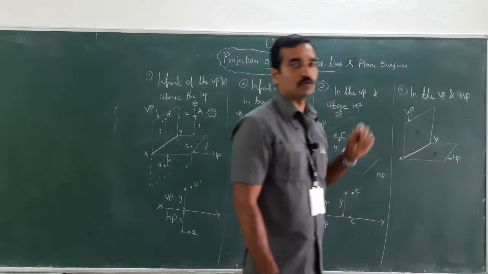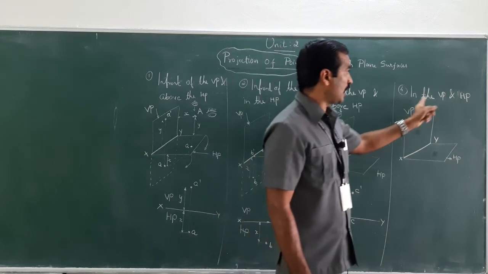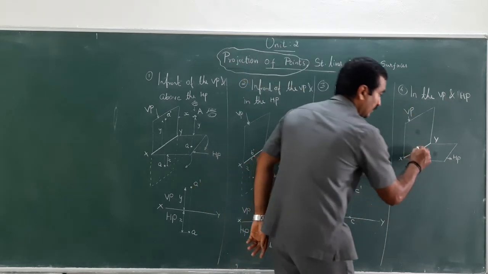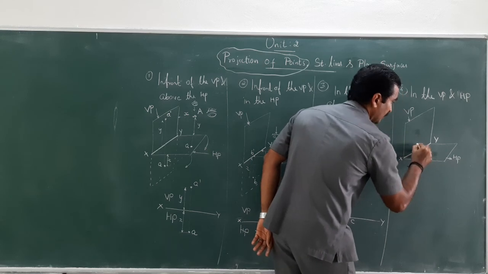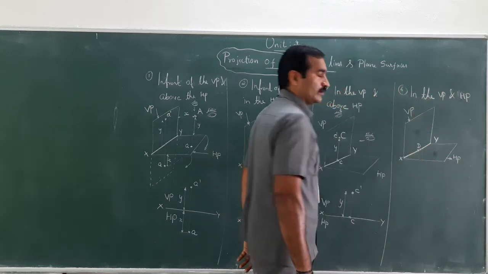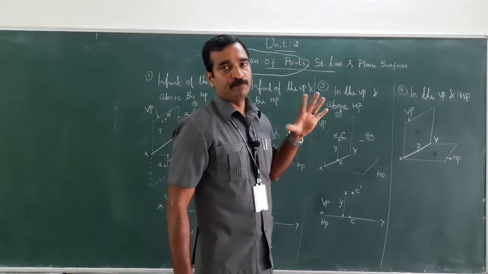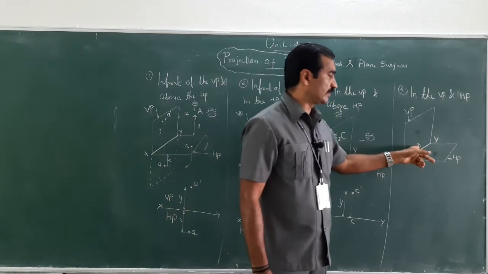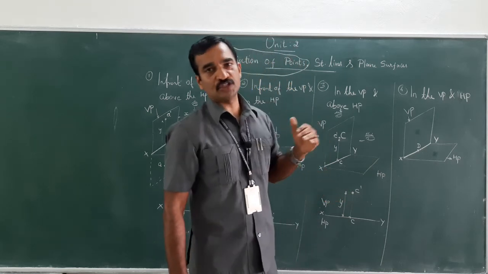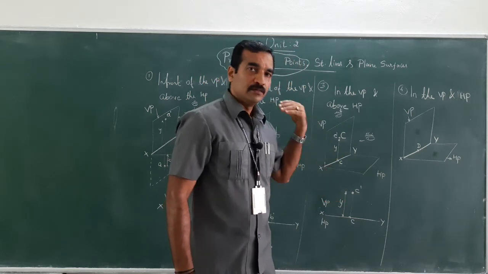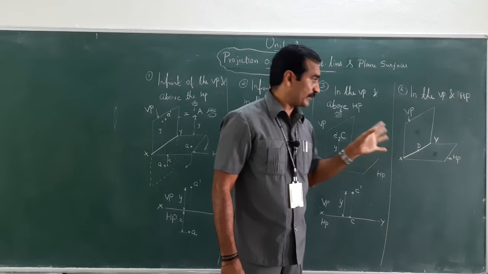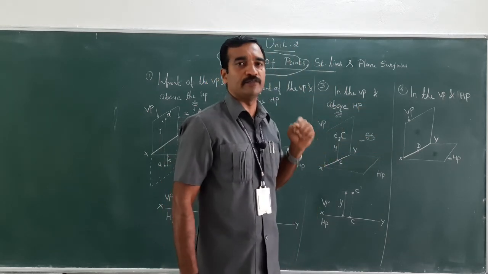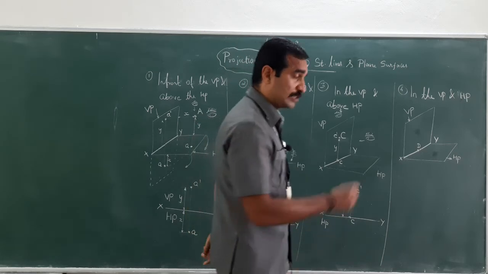Then how would the object be placed? Both are on the reference line. So this is the point, and the point can be taken as D. When the object is placed in space, it should be denoted with a capital letter. Only the projection which falls on the HP and the projection which falls on the VP should be denoted with lower case, that is small letters.